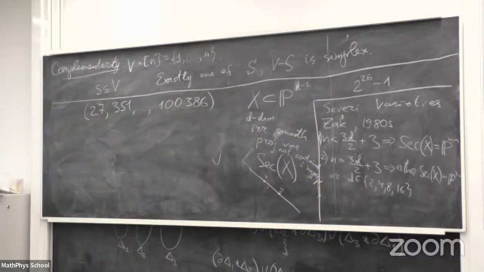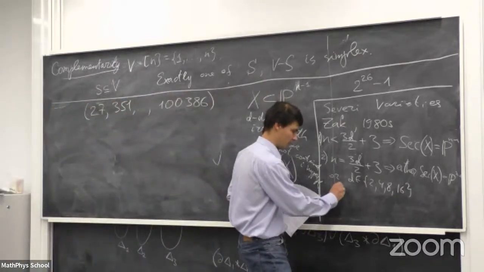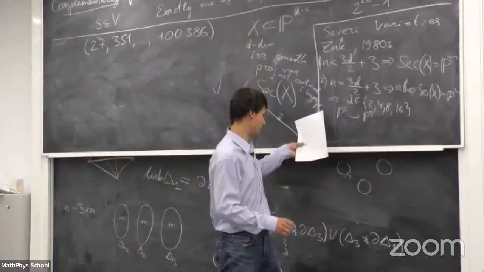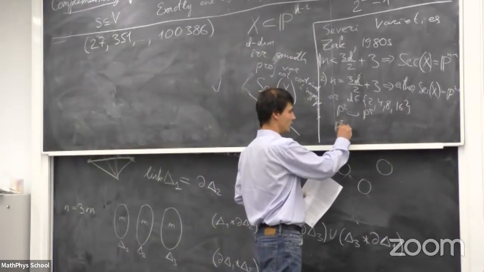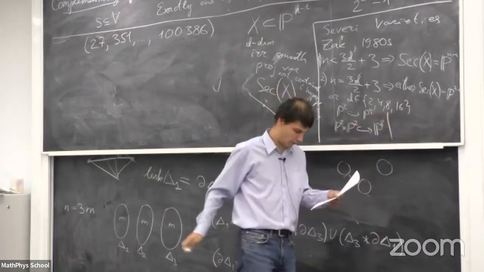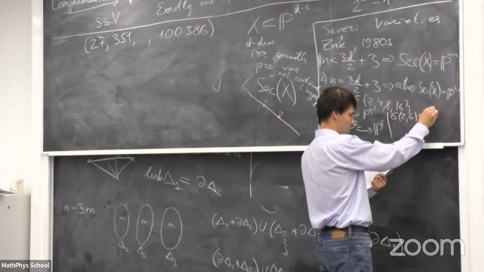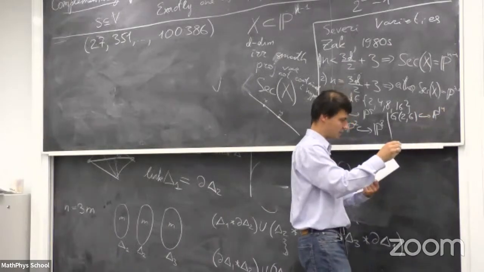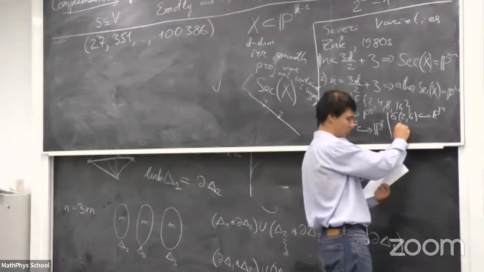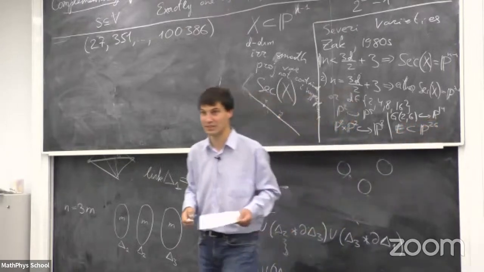We have the Veronese surface P2 to P5. We have the Segre embedding P2 times P2 to P8. We have the Plücker embedding of the Grassmannian G(2,6) into P14. And we have some special variety, called the Lazarsfeld variety, and it is related to E6.